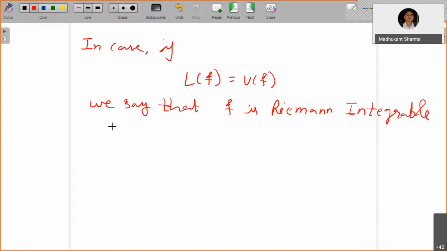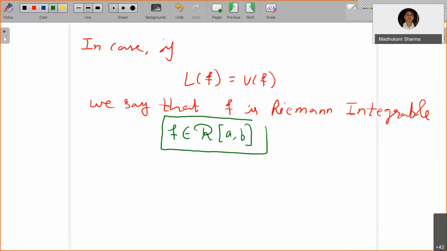In other words, if you want to write the notation, f belongs to this class of Riemann integrable functions over the set a to b. This is one of the notations you may see in the textbook, that R of the closed interval a, b is the set of all possible Riemann integrable functions. So then f is Riemann integrable, and the integral from a to b of f of x dx is defined as L of f or U of f.